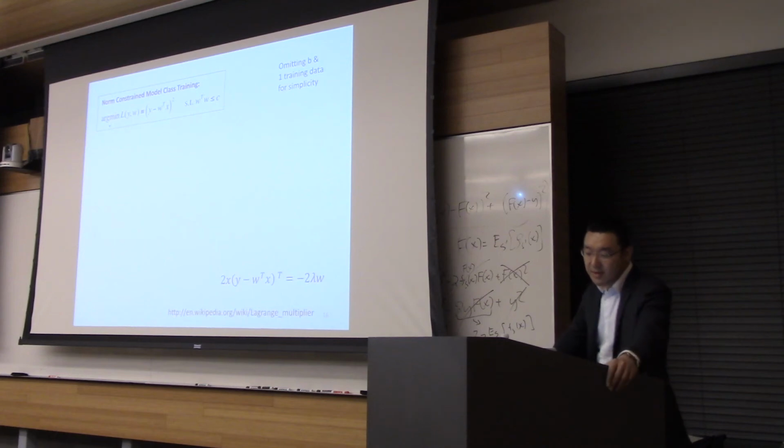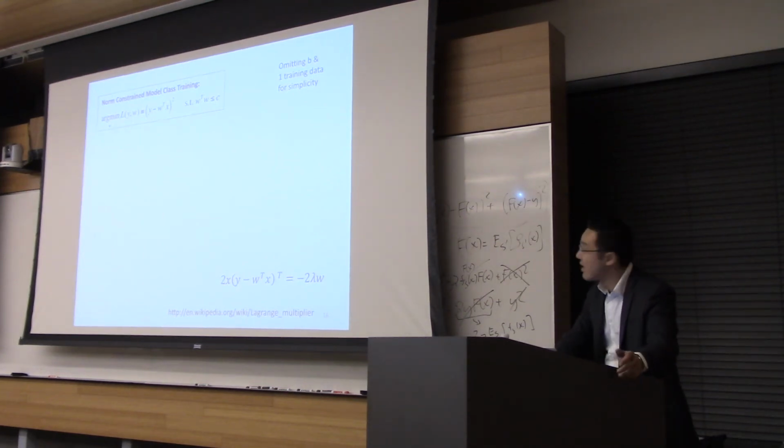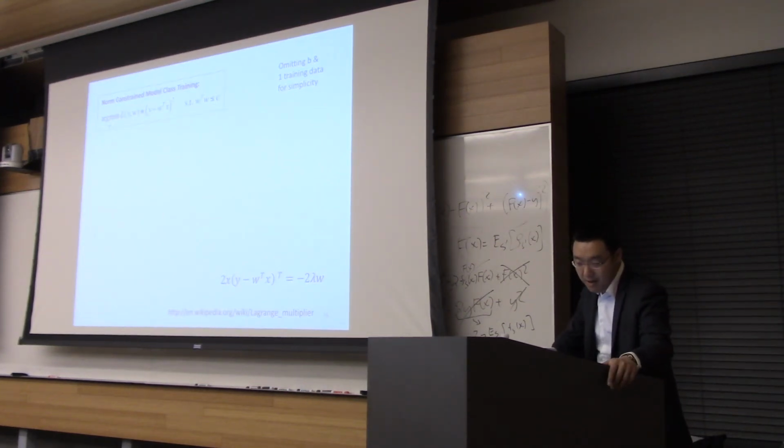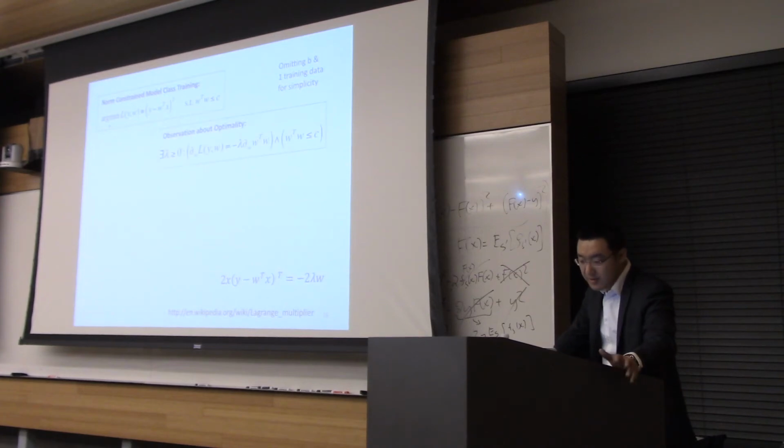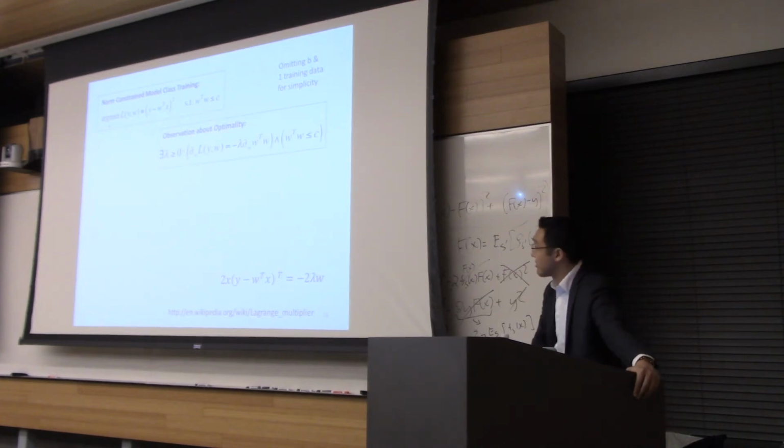Okay, so that is the norm constrained model class, and this is the optimality condition. At optimality, this property is satisfied.